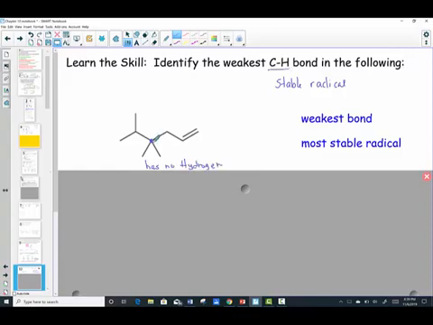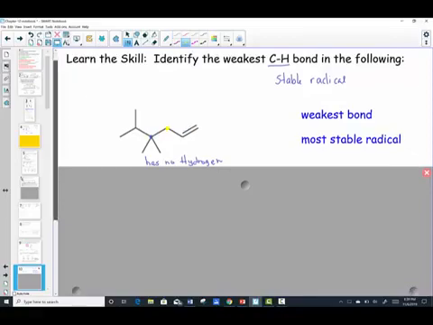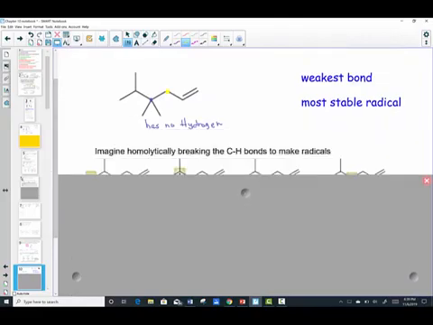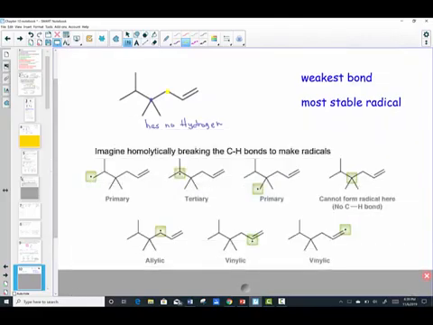So that is not a correct answer. I do recognize that there's a double bond, and right here I have an allylic position. So as you talk through the strategy in your own head, just try to start visualizing where are all the CH bonds and what type of radical would it make.